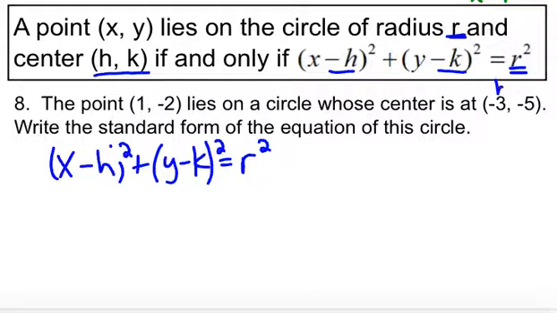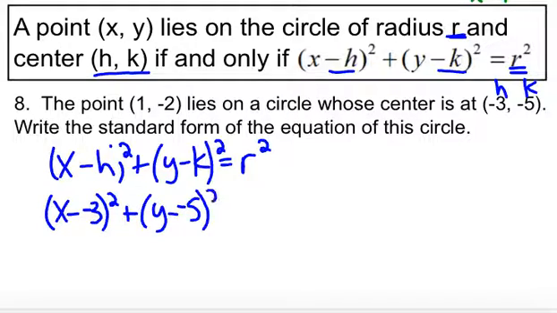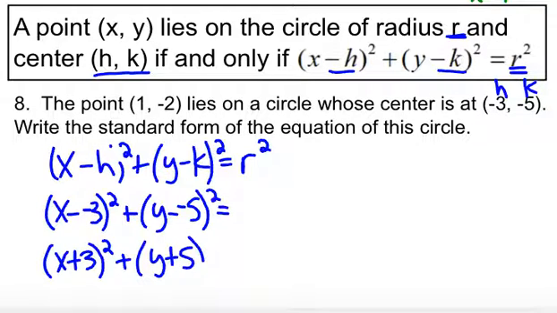Here it is. So this is our h and k. So we can go ahead and plug those in. We have x minus negative 3 squared plus y minus negative 5 squared equals r squared, which we don't know r yet. So we can clean that up. x plus 3 squared, y plus 5 squared.